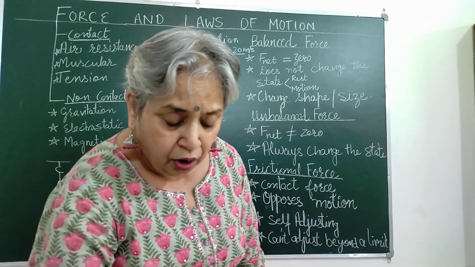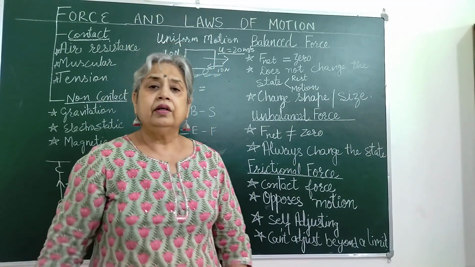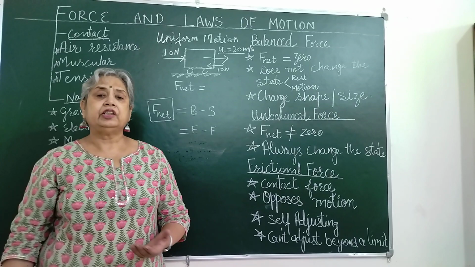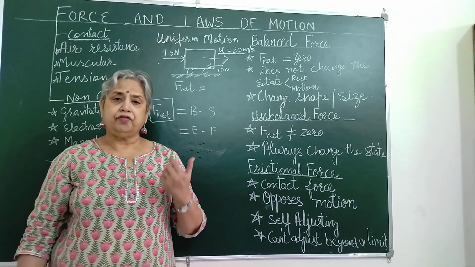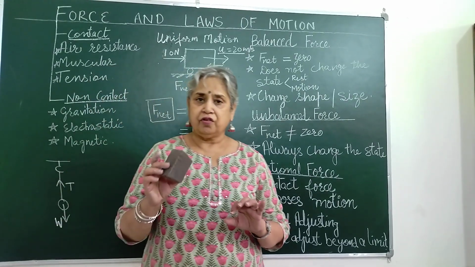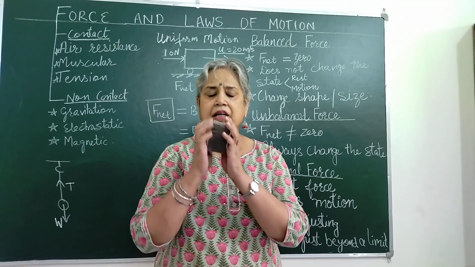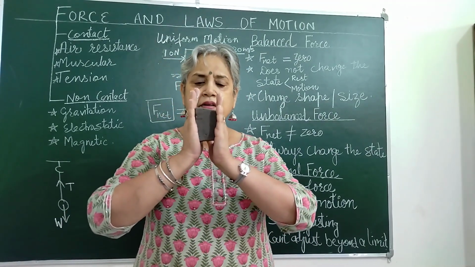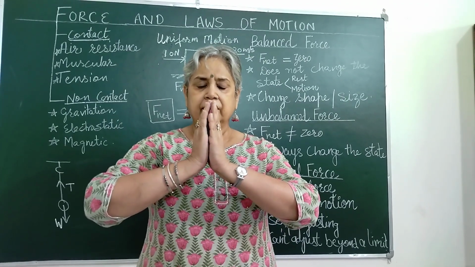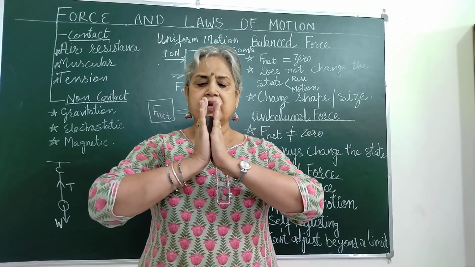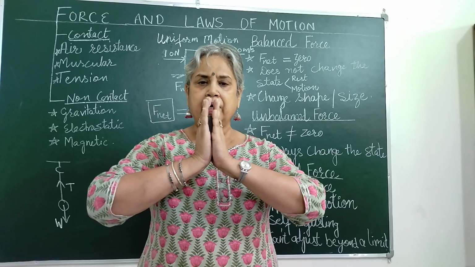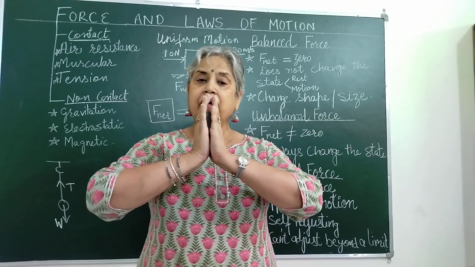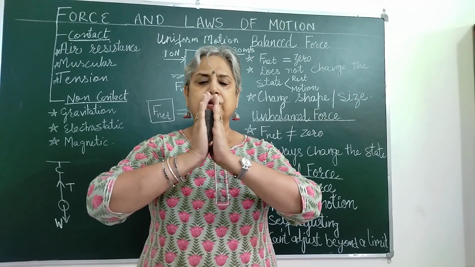I hope the balanced forces are clear. So if they do not change speed, they do not change the direction, then what is the effect? These balanced forces can change the shape or size. See, now its size has reduced by applying forces, but I am applying equal forces from both the hands.